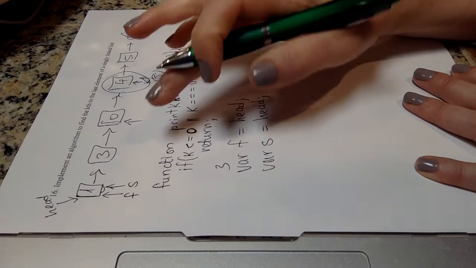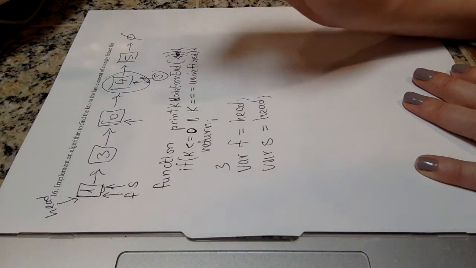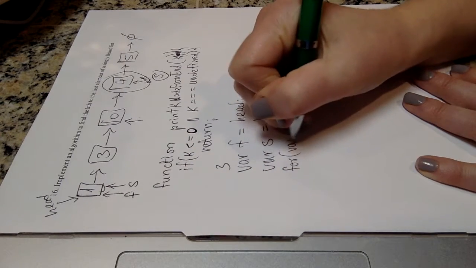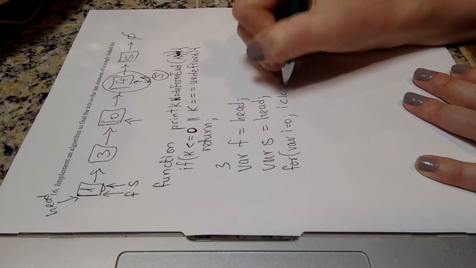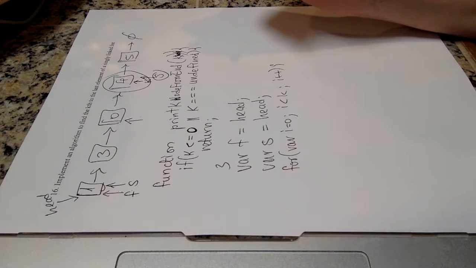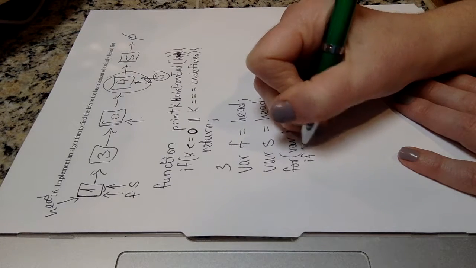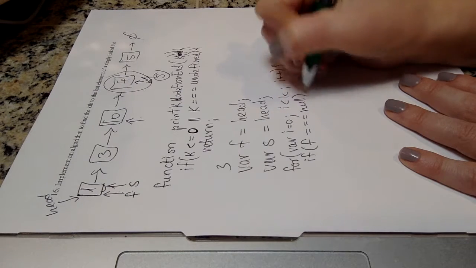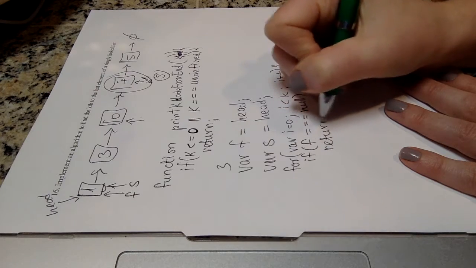And then I want to go through and move my first k elements from the beginning. So I will do for where i equals 0, i lower than k, i plus plus. So I need to see that I actually have a node. So if f equals null, then I have nothing to move, then just return.